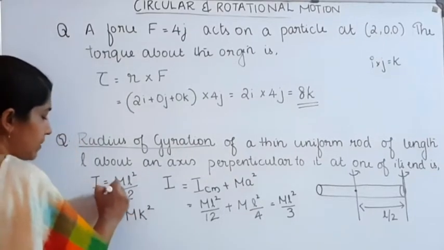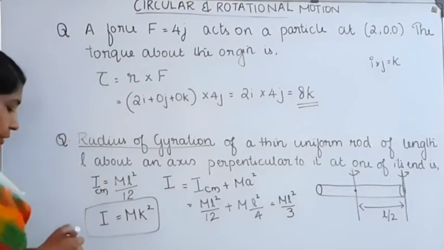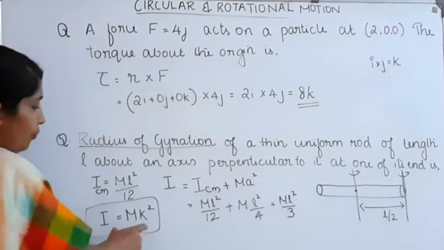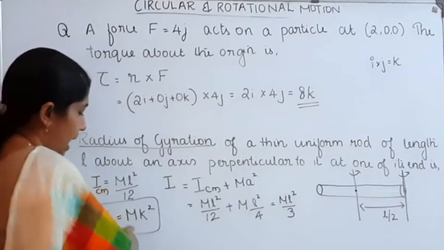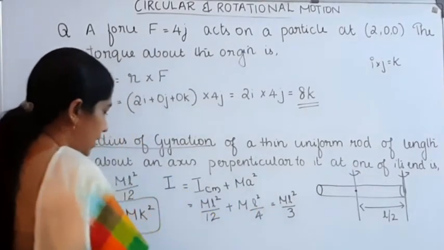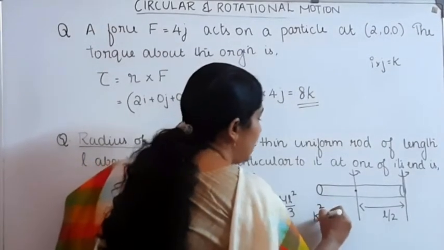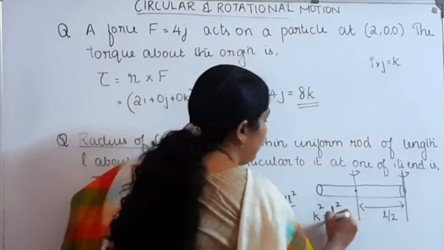From these two equations, I is equal to MK square and I is equal to ML square divided by 3, we can write K square is equal to L square divided by 3.